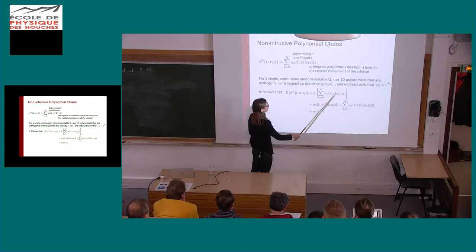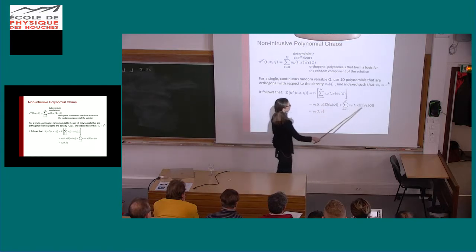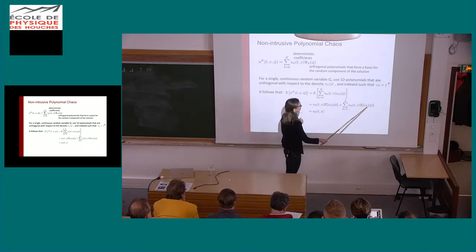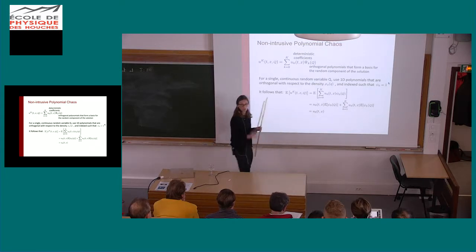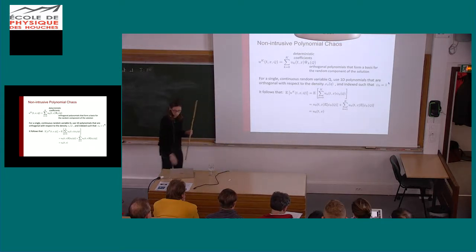The coefficients are not a function of the random component, so they can come out of the expectation. This expectation is 1, right? And this expectation is the integral of this polynomial multiplied by the density, and they are orthogonal, so all of these disappear. Right, so my expectation is really just equal to the first coefficient in my polynomial expansion.